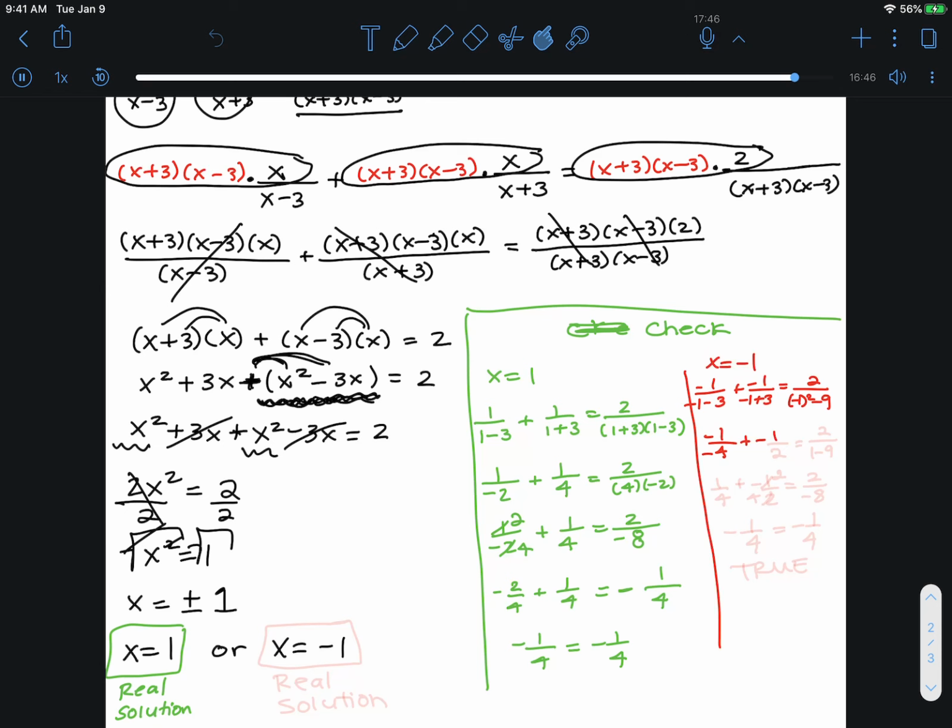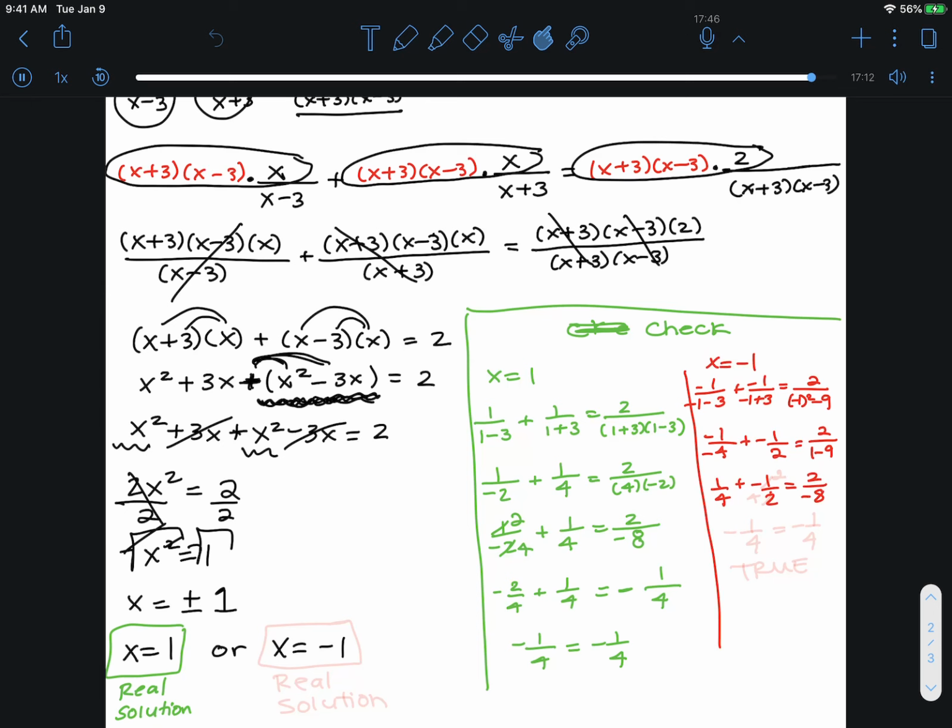Plus negative 1 over negative 1 plus 3, which is 2. It's going to equal 2 over negative 1 squared, which is a positive 1, minus 9. So a negative 1 divided by a negative 4 is going to be a positive 1/4, plus a negative 1/2 is going to equal 2 over 1 minus 9, which is negative 8.